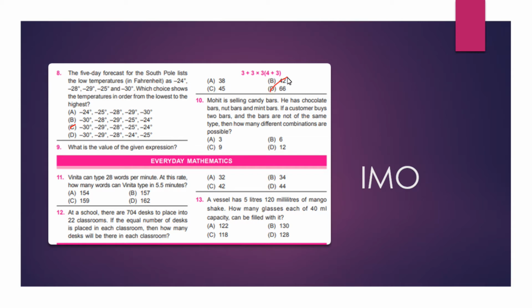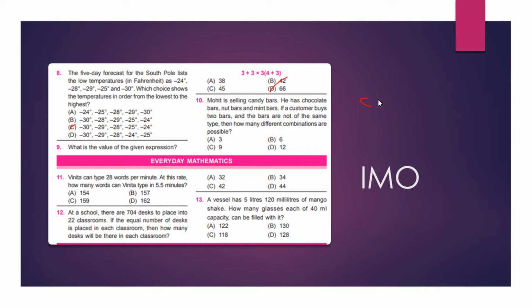Mohit is selling candy bars. He has chocolate bars, nut bars and mint bars. If a customer buys 2 bars and the bars are not of the same type, then how many different combinations are possible? This is a mental ability question. Just read the question carefully. He has chocolate bar, nut bar, mint bar.